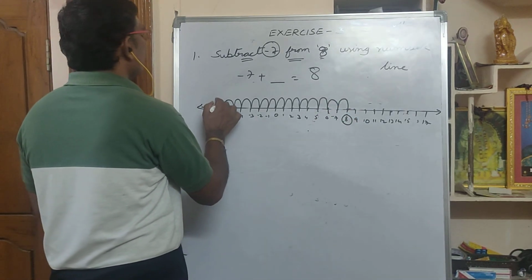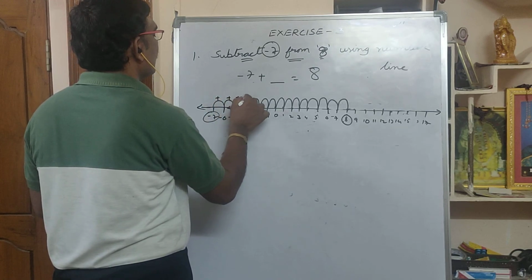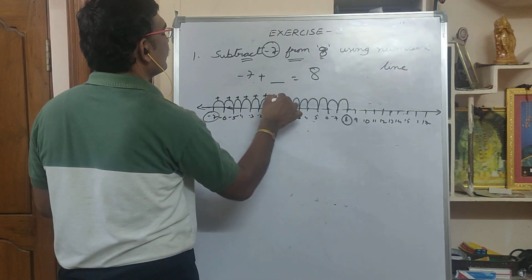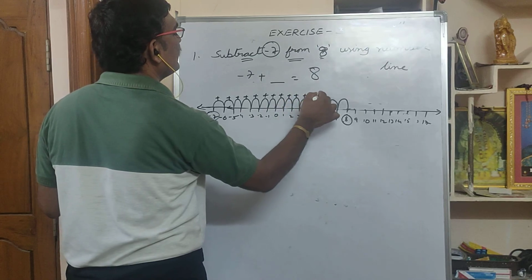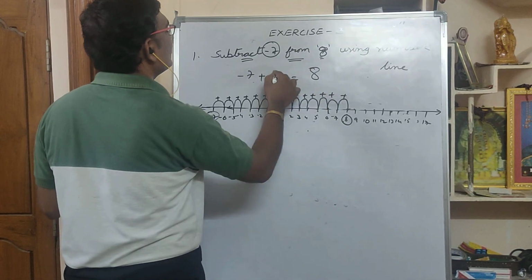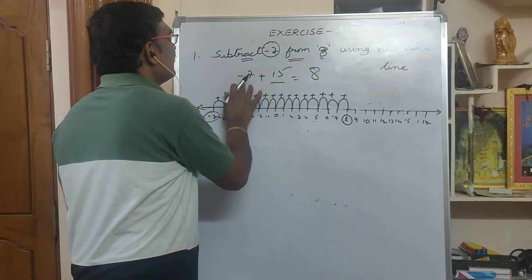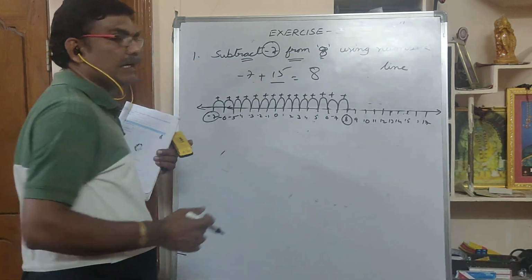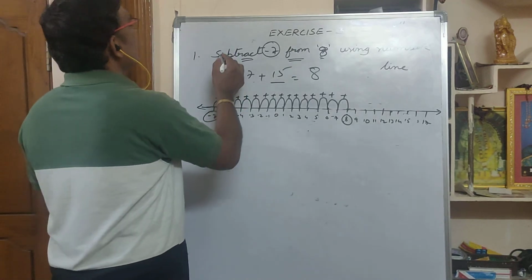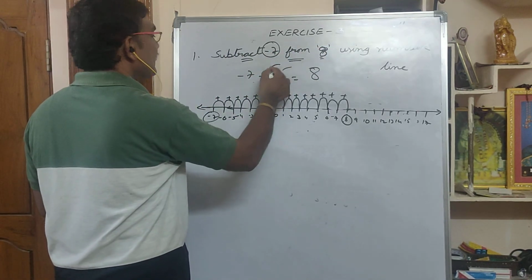So now count. It is plus like this only. All are plus only. You went right side or not? Right side means plus. How many is there here? 15. So for minus 7, if you add 15, you are getting 8. Yes or no? So subtract minus 7 from 8, the answer is also 15 only.